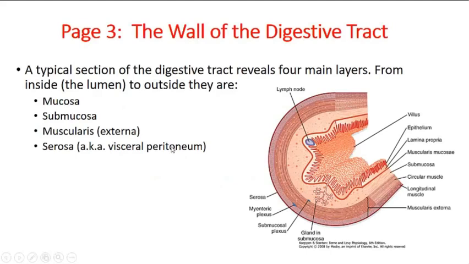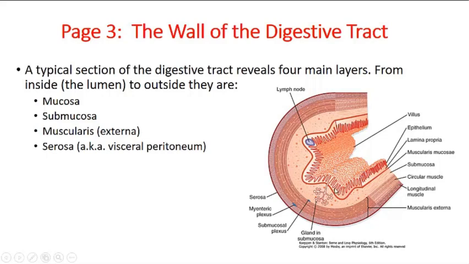Now let's look at the wall of the digestive tract. A normal section of the digestive tract reveals four main layers. If you look at the inside, one of these layers is the mucosa, which is a very thin layer inside.